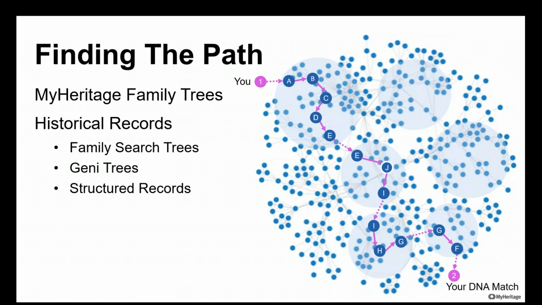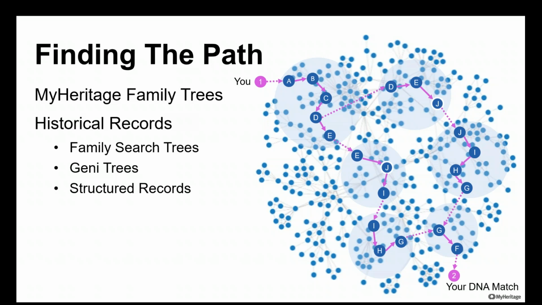What's going to happen is that when the technology is trying to find those paths, sometimes you may have more than one path, because the individuals in the trees sometimes are duplicated or overlapped. Also because we have many records and family trees that may prove the relationship between you and your DNA match.